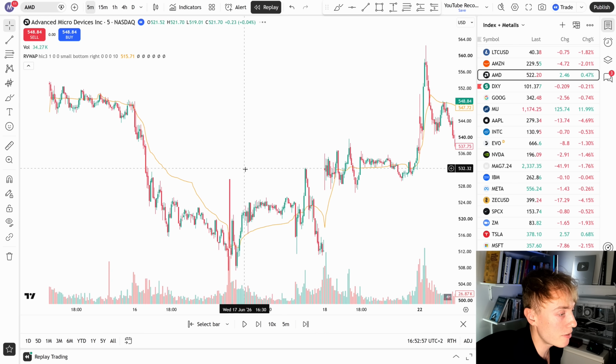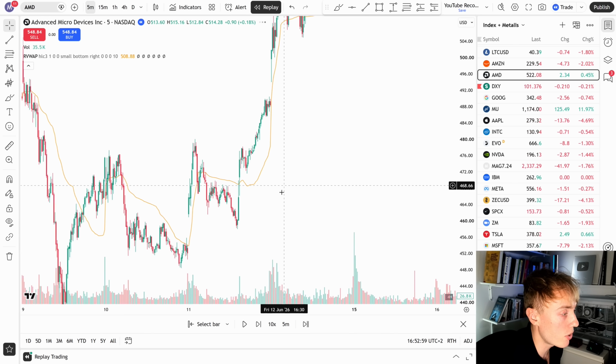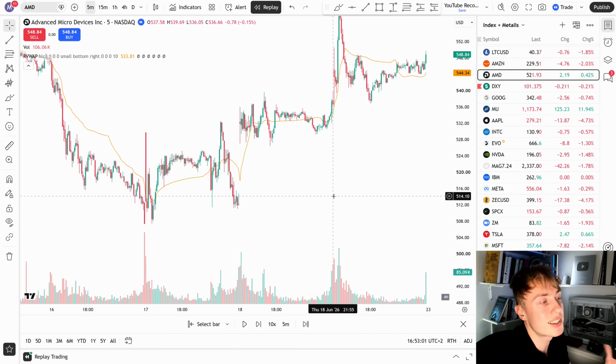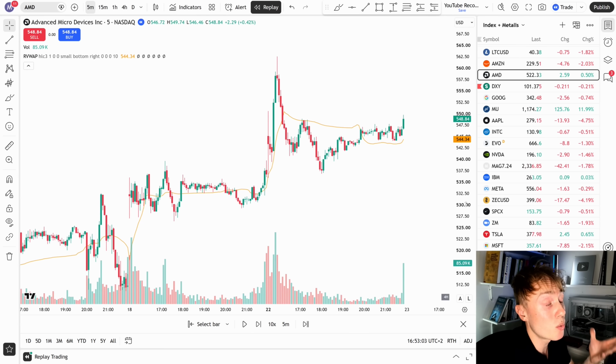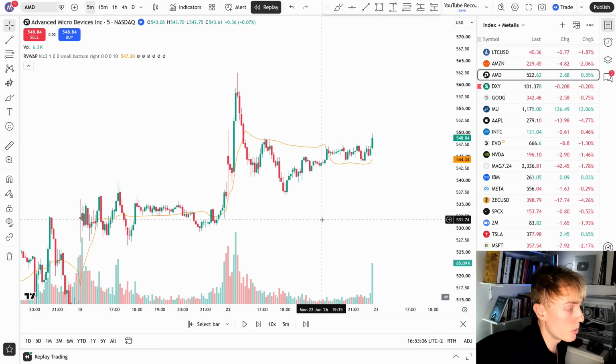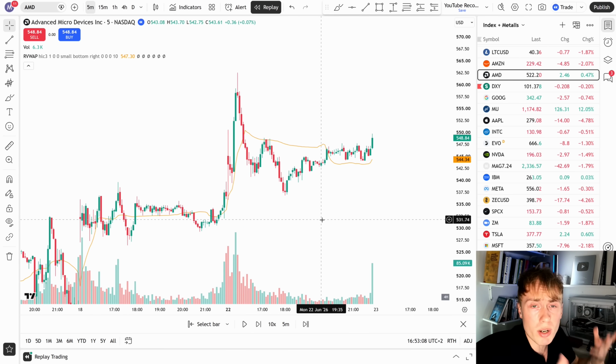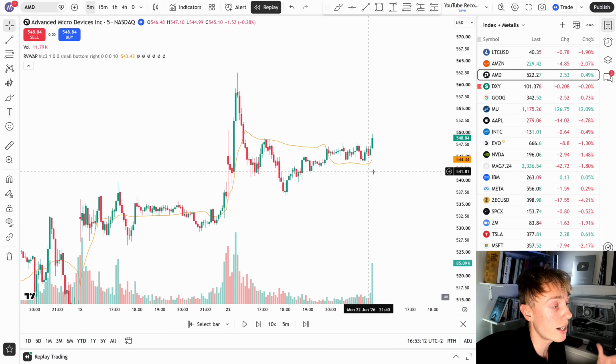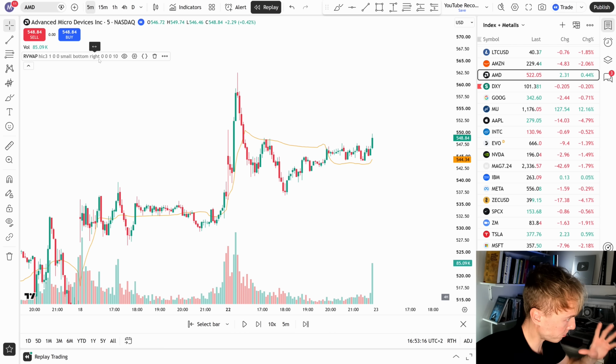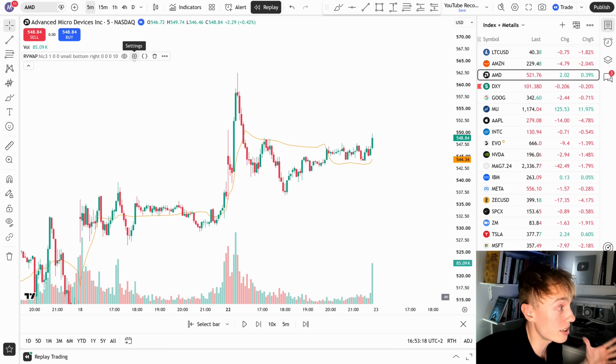So you can see that this VWAP just goes on forever and forever, but it works the same way as a VWAP without resetting. But another thing you might notice is, where are the bands? Doesn't a VWAP have the bands above and below the line? And yes, the VWAP should have bands, but for some reason, in order to fix the bands on this indicator, we need to enable them ourselves.